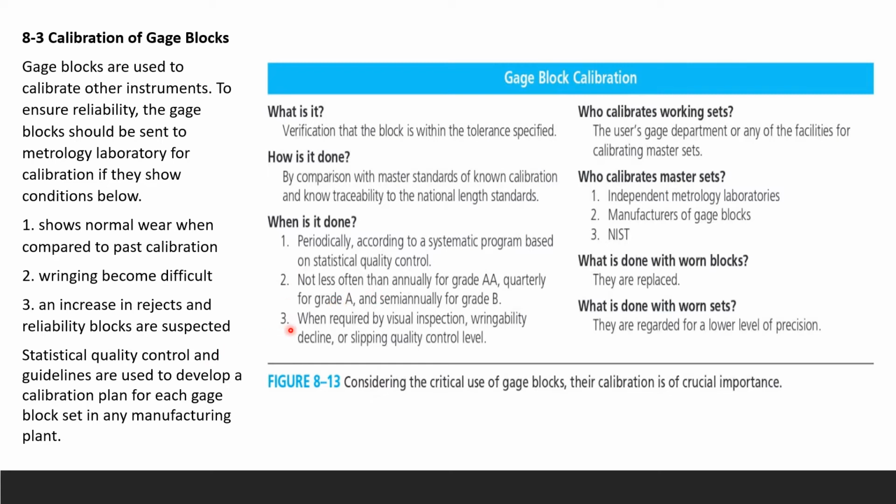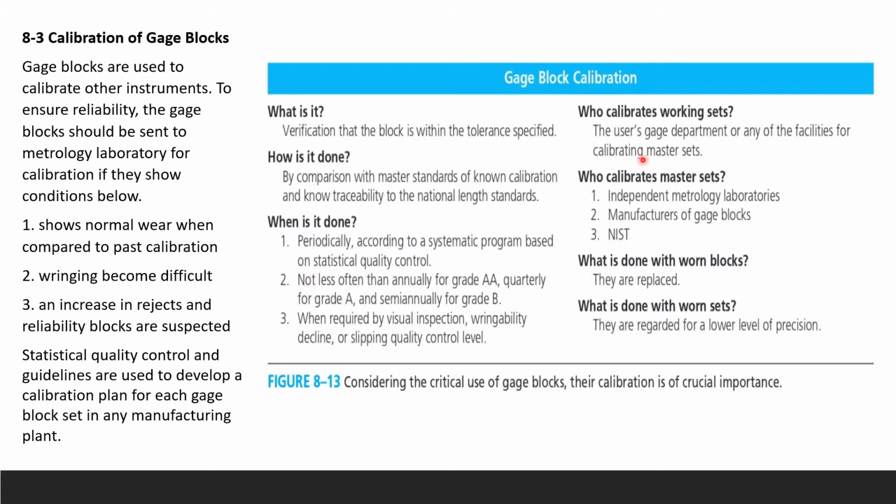Not less often than annually for grade AA, quarterly for grade A, and semi-annually for grade B. That's just telling you how we grade them. Also when required by visual inspection, ringability (ringing is adhering the blocks together) decline, or slipping quality control level. So this is when we do that calibration on gauge blocks.